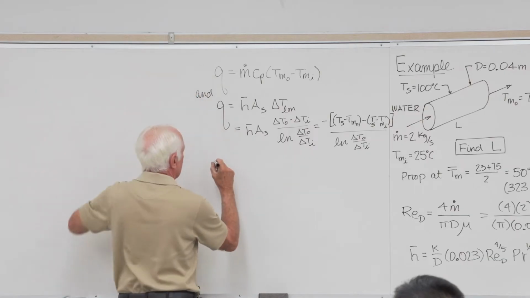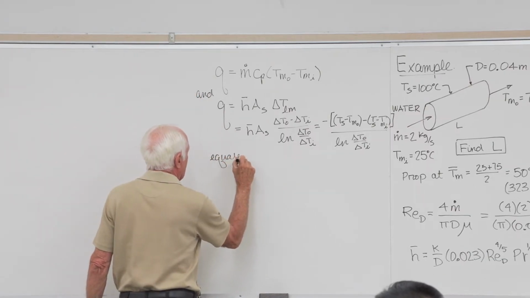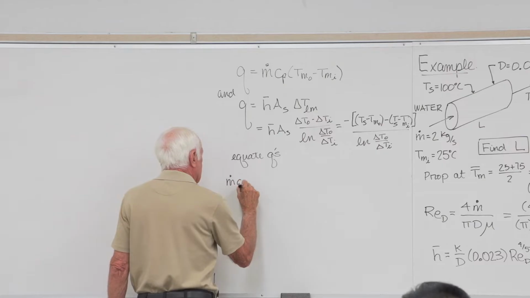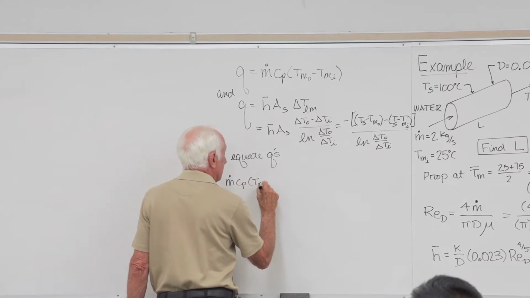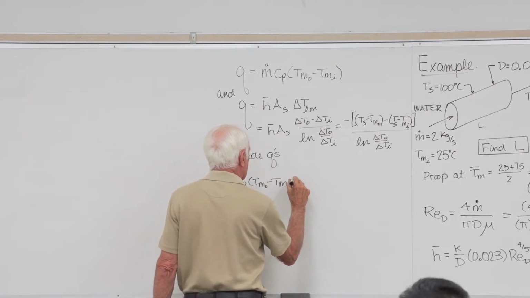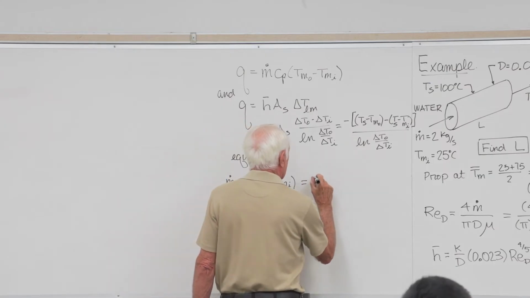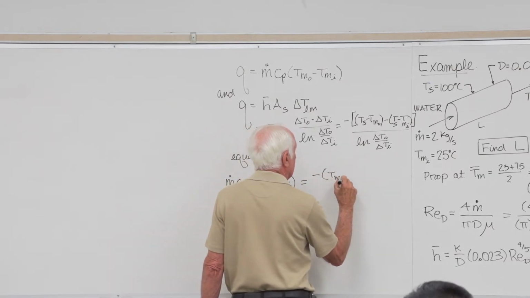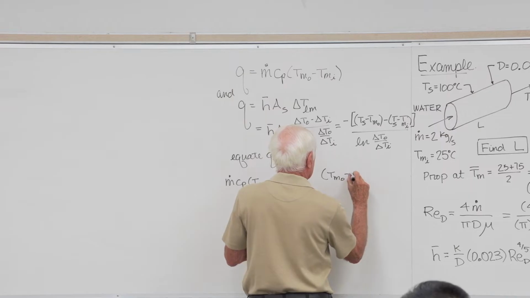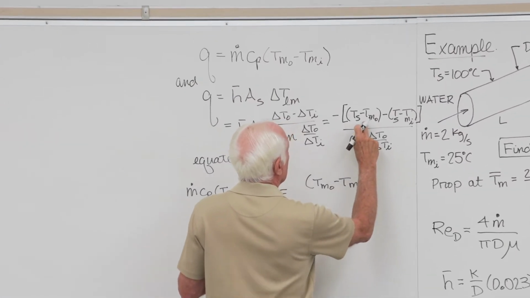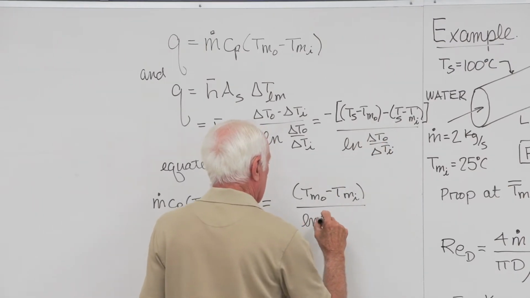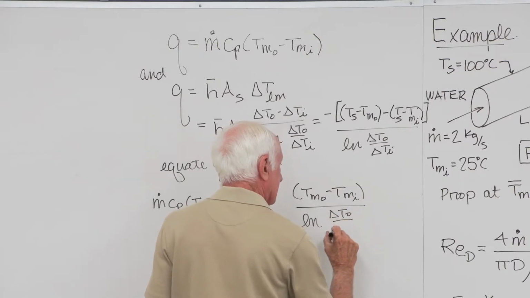These two Q's are the same. Equate the Q's. m dot C P times T mean out minus T mean in equals h bar A S times minus the quantity T mean out minus T mean in, divided by natural log delta T out over delta T in.